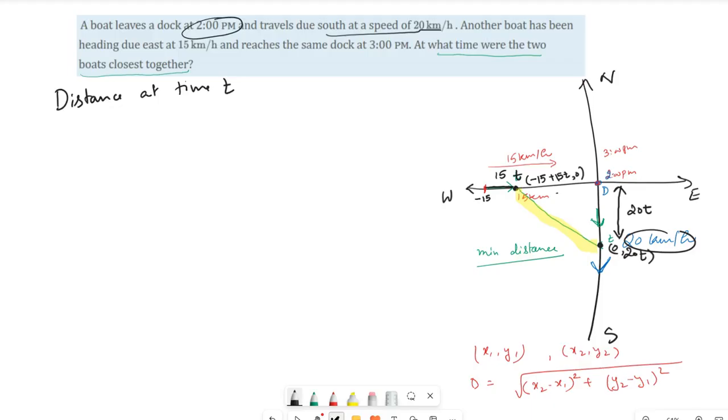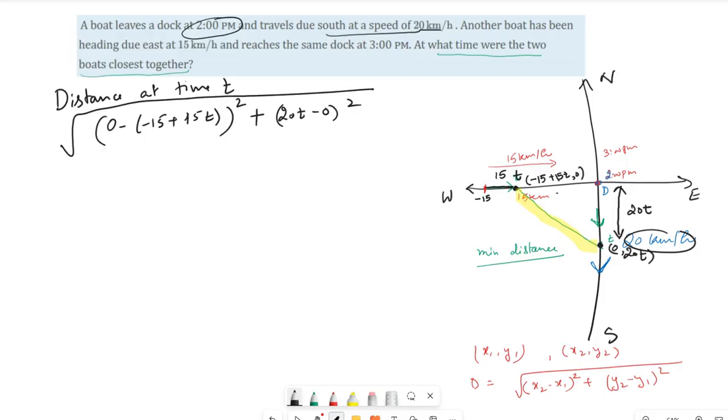So the square root of (0 minus (negative 15 plus 15t)) square plus (20t minus 0) whole square. So the negative sign is finished by the square. We have the square root of (negative 15 plus 15t) whole square plus (20t) whole square. This is our function. We want this to be minimum.